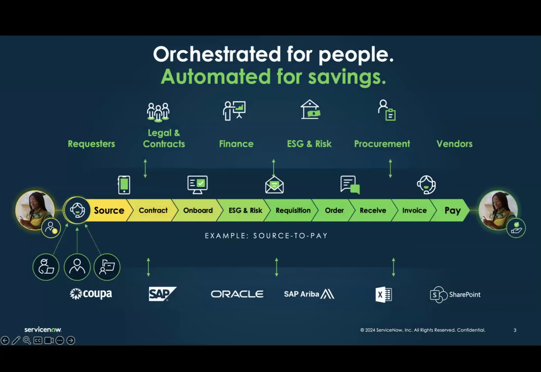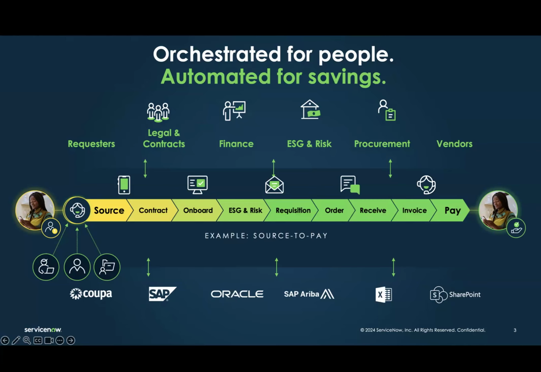So the ServiceNow Source-To-Pay process basically orchestrates workflows across departments: requesters, legal, finance, ESG and risk, procurement, and vendors, all on one unified platform. And often it integrates with lots of other apps, and risk in particular, and of course third-party risk when we think about suppliers, is definitely one of those that comes into it.